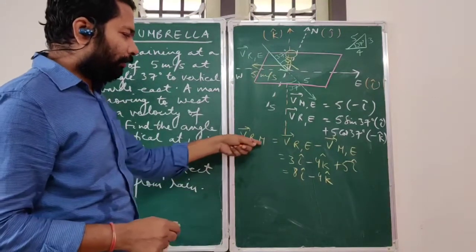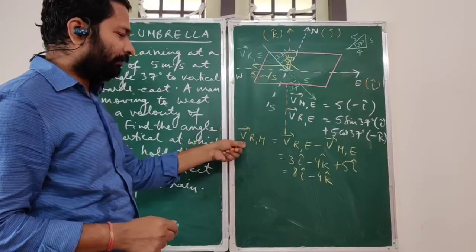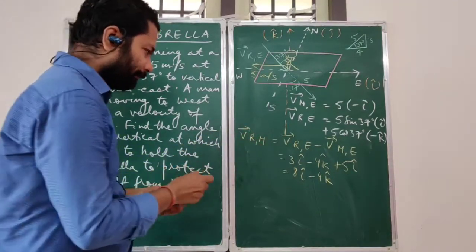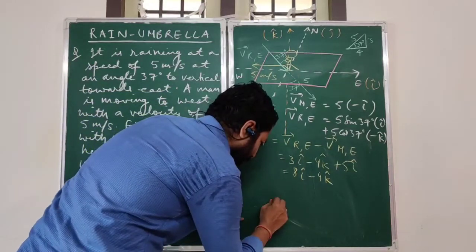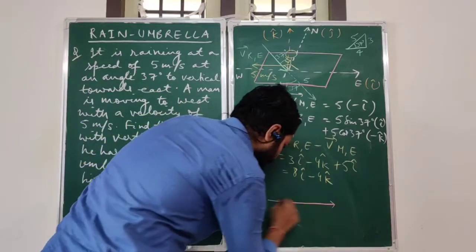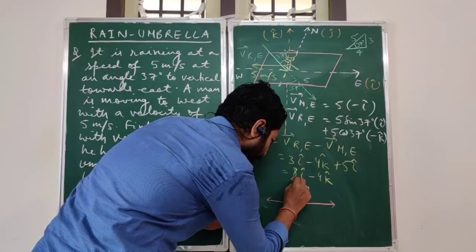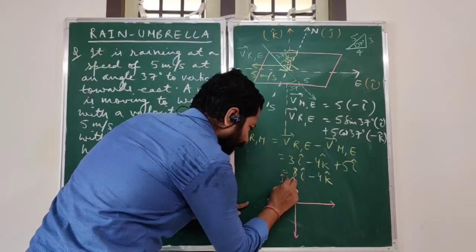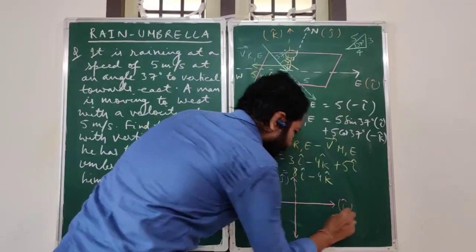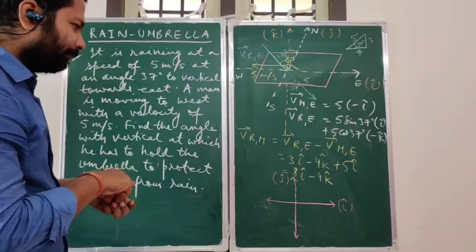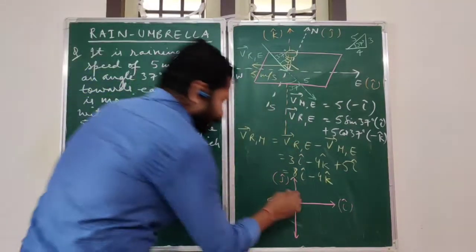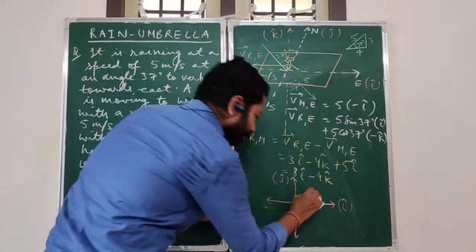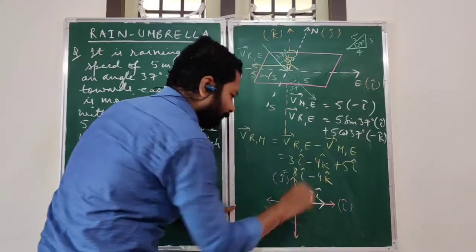So now we draw the vector representation of this vector, that is, velocity of rain with respect to man. Let us do that. Remember, this is the vertical direction and this is your i cap. So we will represent it: 8 i cap and minus 4 k cap.